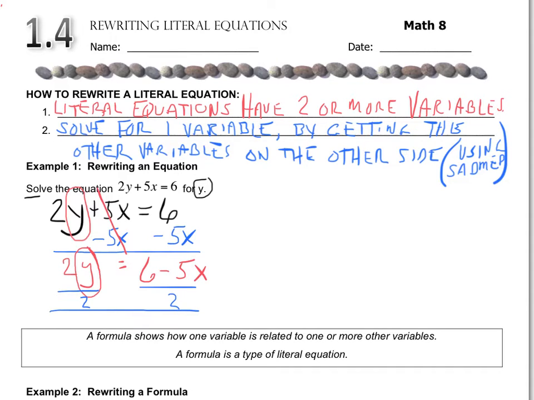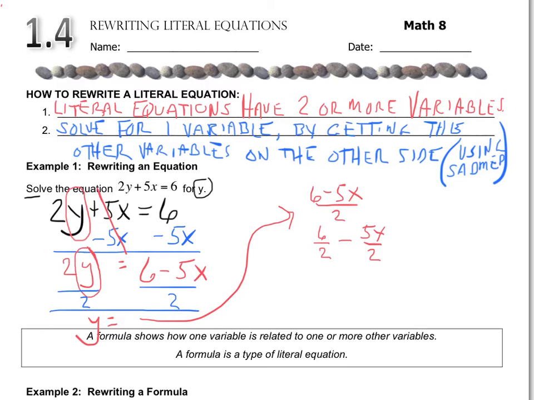So again, that's going to help me get the y that we're looking for on the left. Now on the right, I'm going to bring this over here so we can see it. Remember when you used to look at fractions, we want to break apart this one, because the easier way to do this is to think of 6 minus 5x over 2 as 6 over 2 minus 5x over 2.